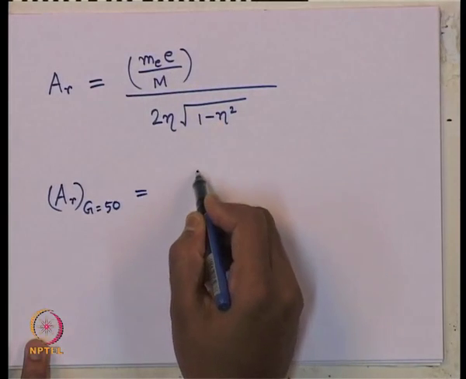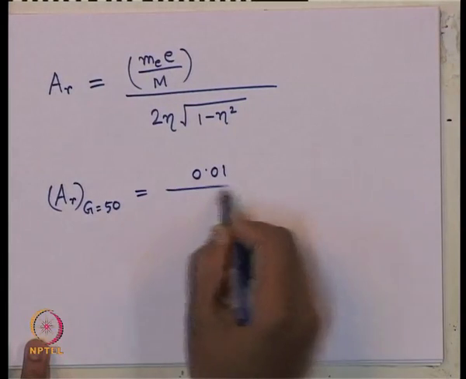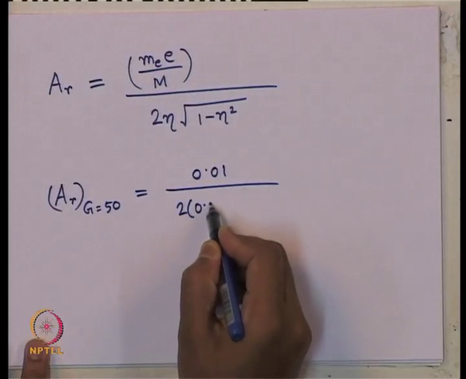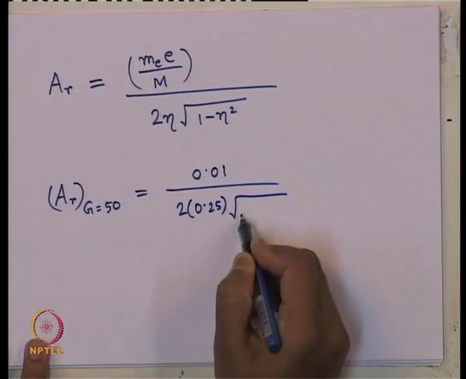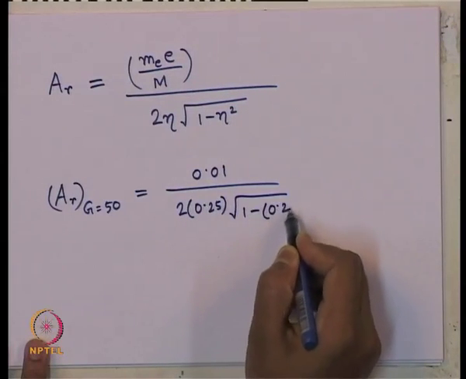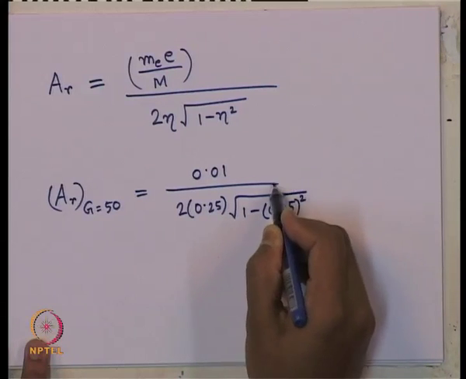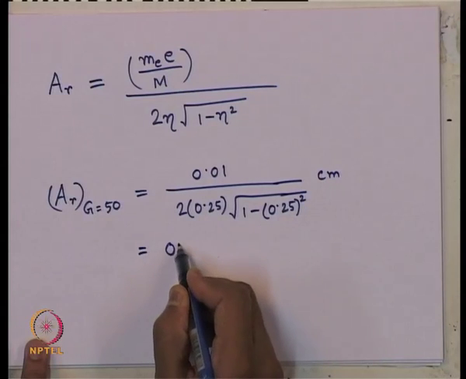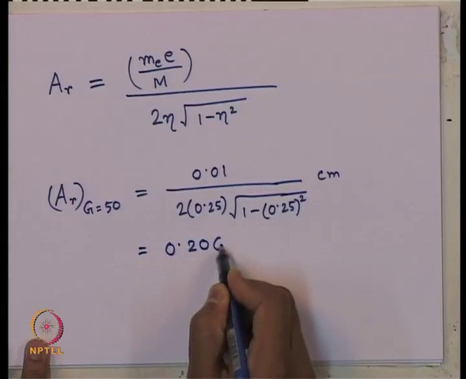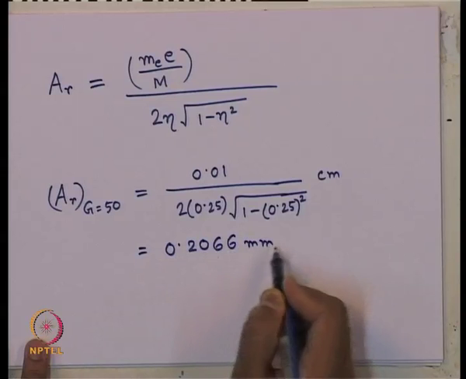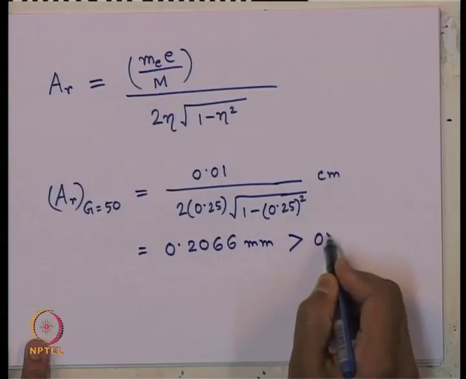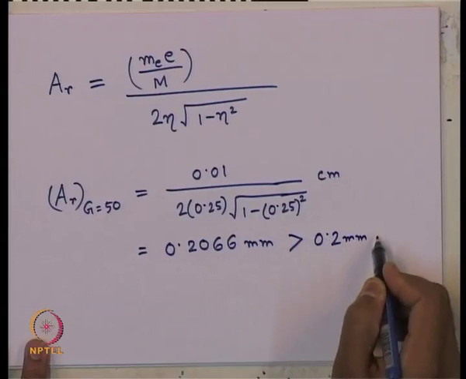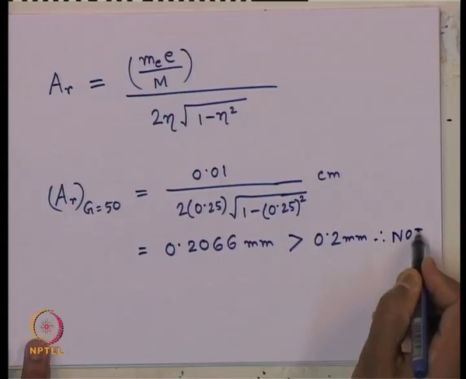So, A r for g equals to 50, how much? This value is 0.01 divided by 2 into 0.25 root over 1 minus 0.25 square. So much of centimeter, it is coming 0.2066 millimeter, which is greater than 0.2 millimeter, therefore, not okay.